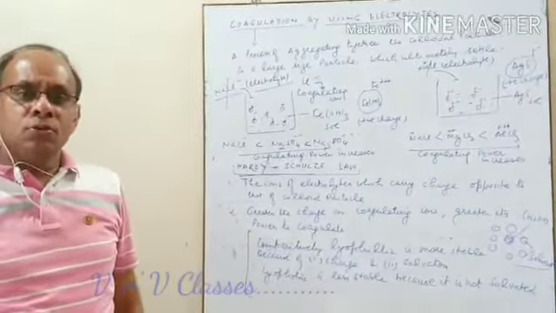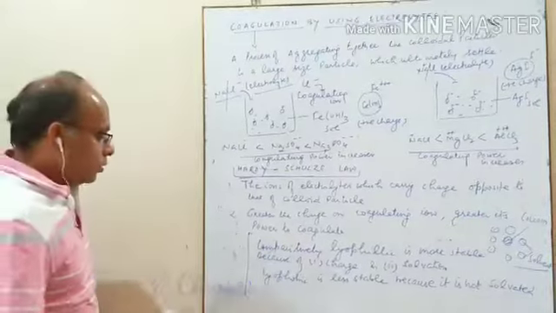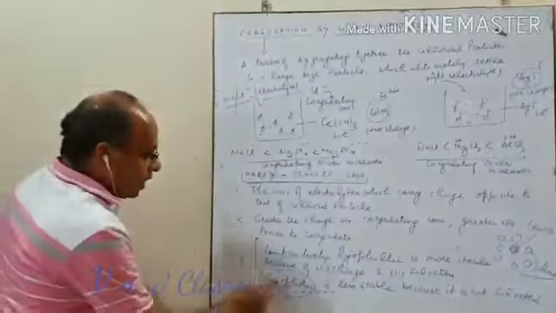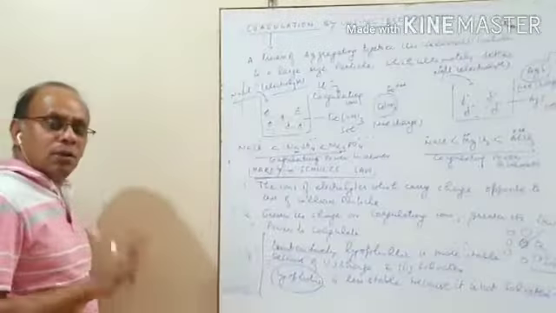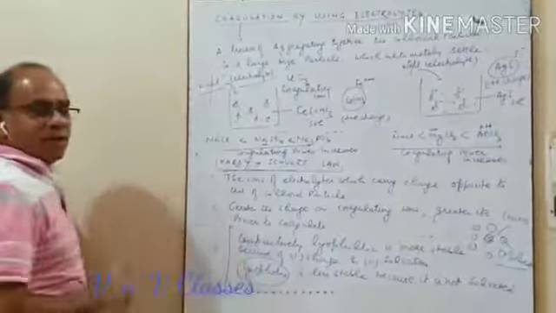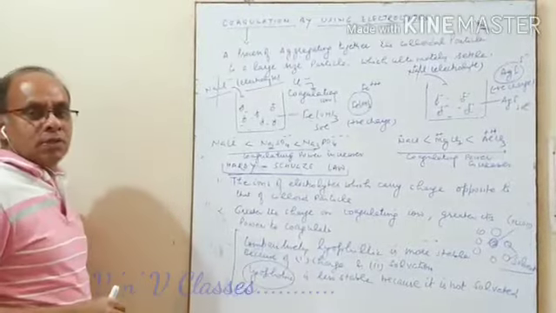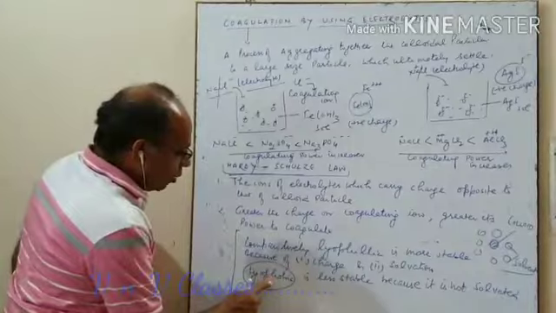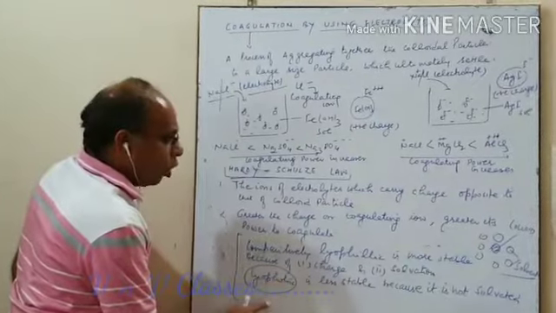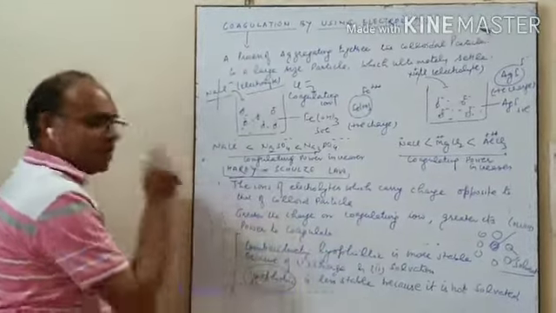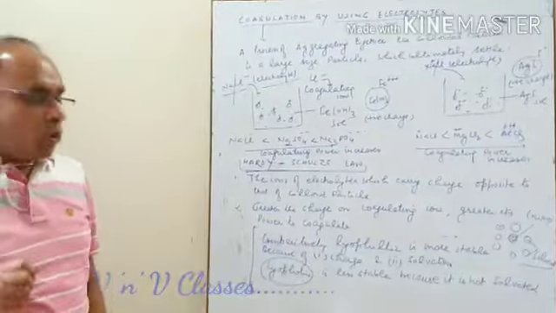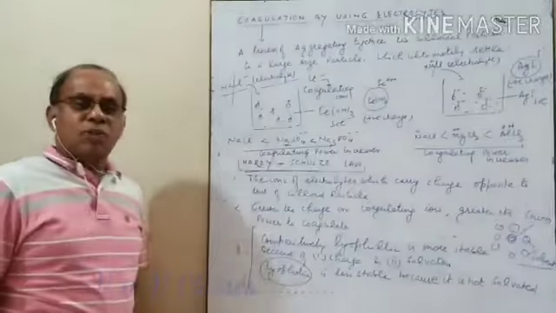So what we can do? We can do one thing. This lyophobic sol can be prevented from coagulation. Now listen carefully. It is not solvated, but we do a process. What we do? To prevent the coagulation of this lyophobic sol, we add lyophilic sol to it. This is called protection of lyophobic sol.